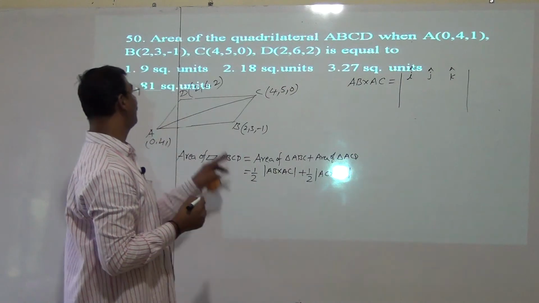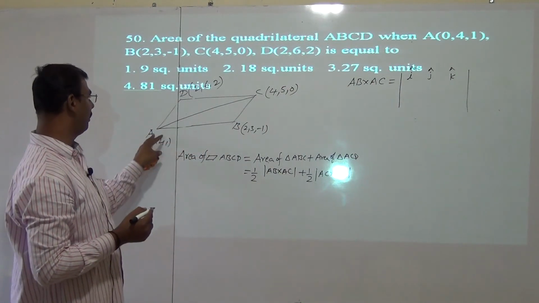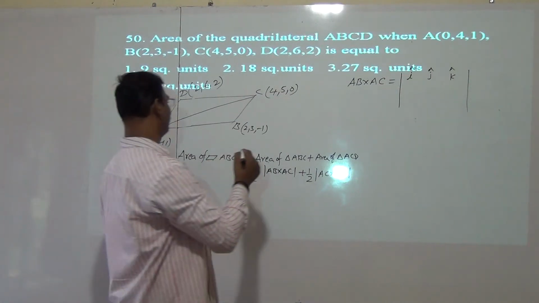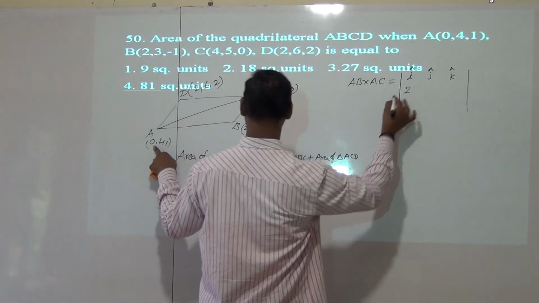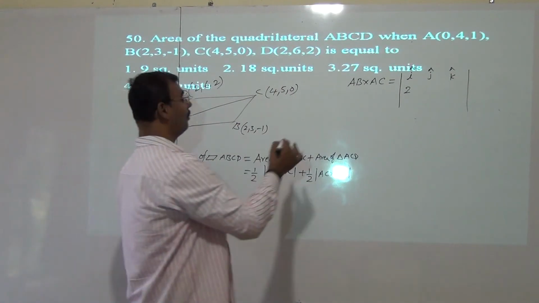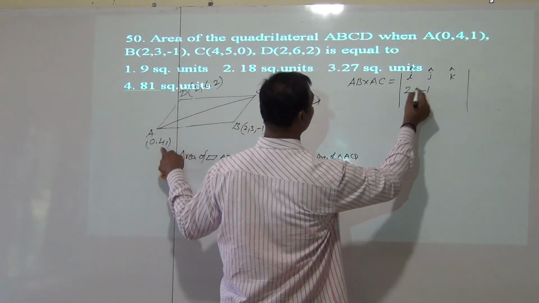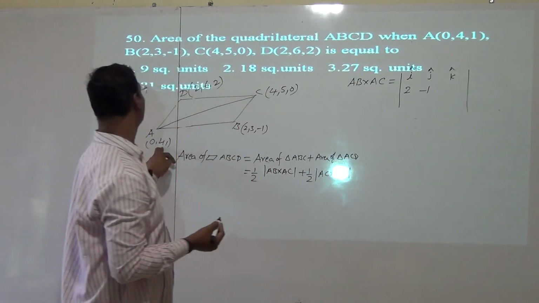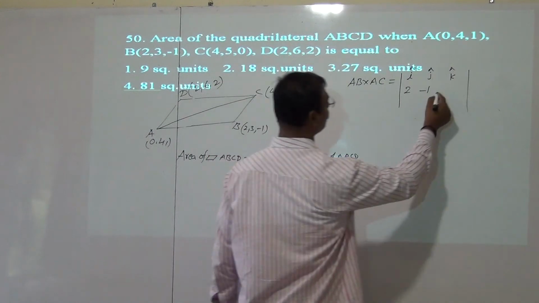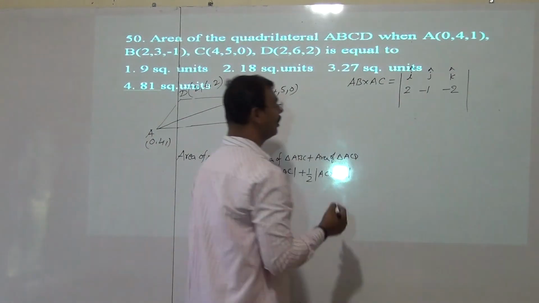AB, what is the AB value? Observe, these 2 points: 2 minus 0 is 2; 3 minus 4 is minus 1; minus 1 minus 1 is minus 2. This is the AB vector, OB minus OA.